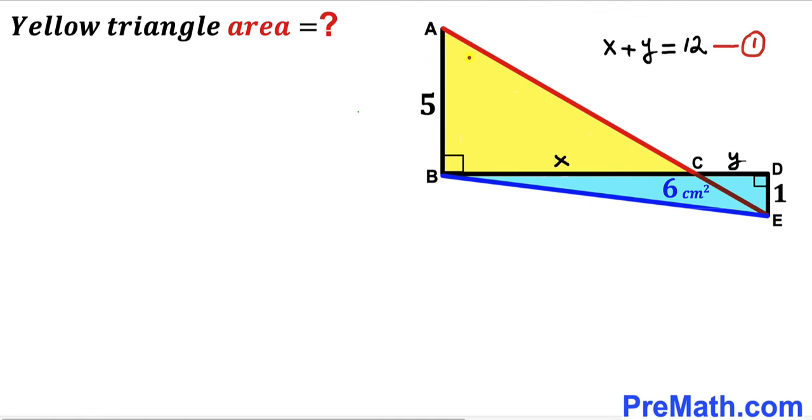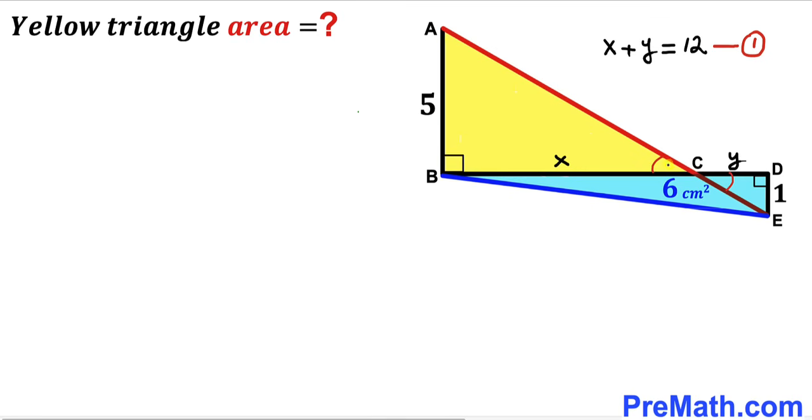In this next step, we are going to consider these two right triangles, the yellow shaded right triangle ABC and this tiny right triangle CDE. This angle is congruent to this angle since they are vertical angles.